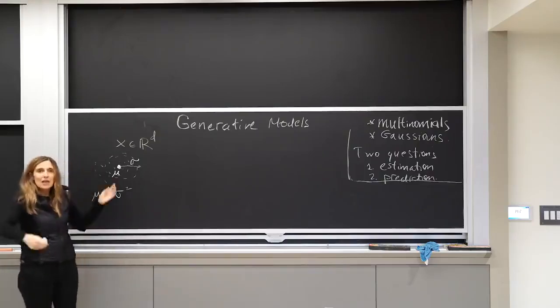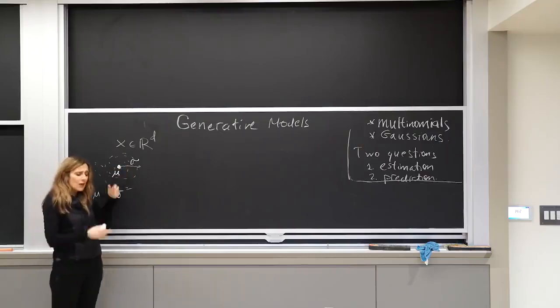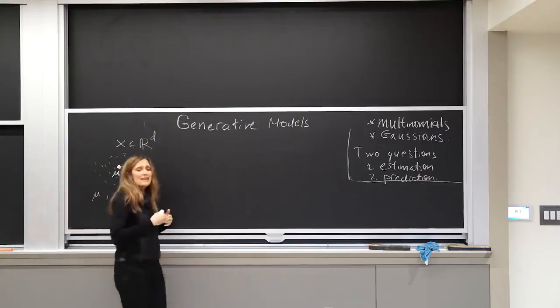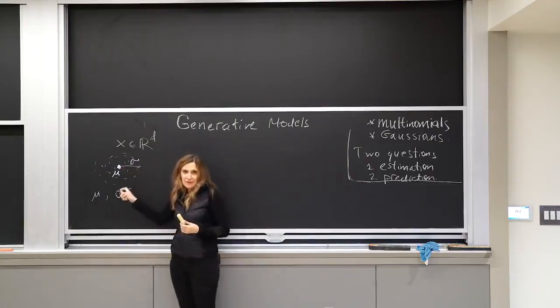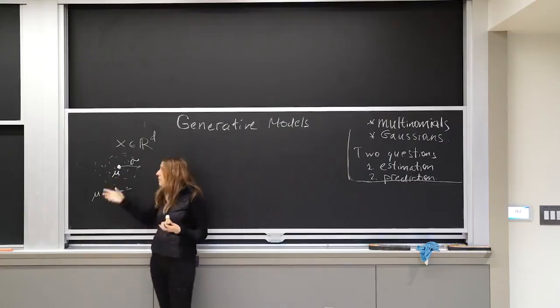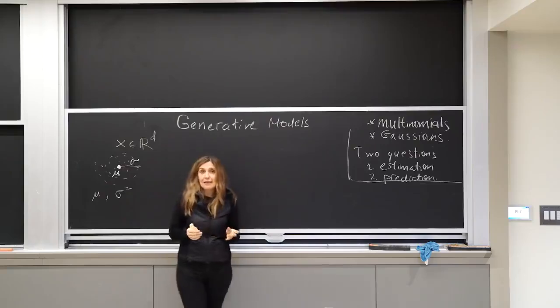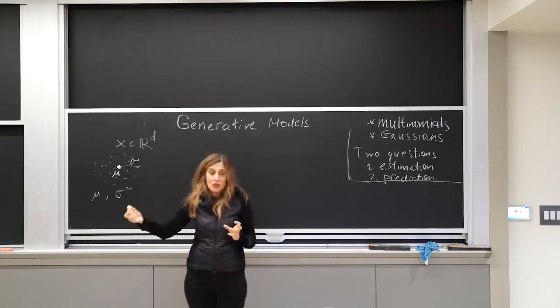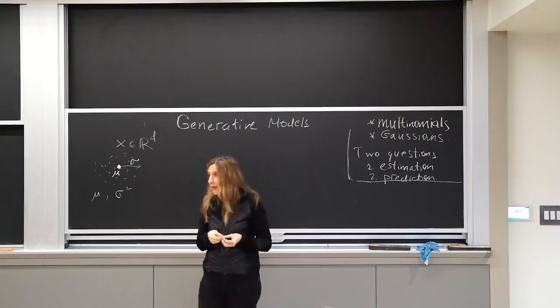The farther away you go from this mu, the lower is the likelihood that the point was generated by this Gaussian, and it doesn't matter in which direction you go. So the meaning of mu would be just an average of all these points, and sigma square is just a square of the average distance of x's from the mu, okay?